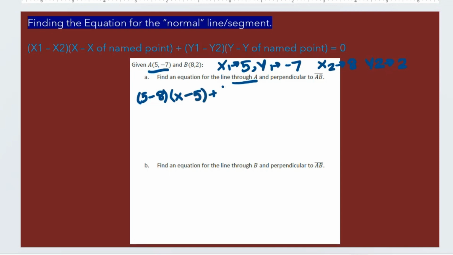Plus y1, it's the y from the first point, -7, minus the second y, which is 2, times y minus the y of the named point. Again, that's back to A. So minus a -7 is all going to be set equal to 0.